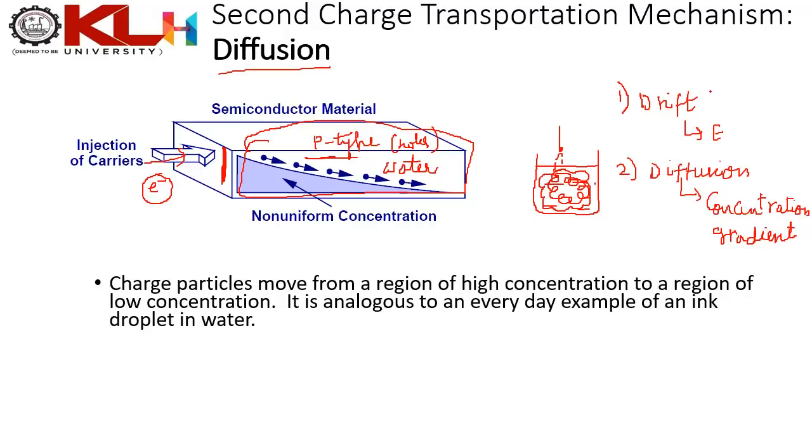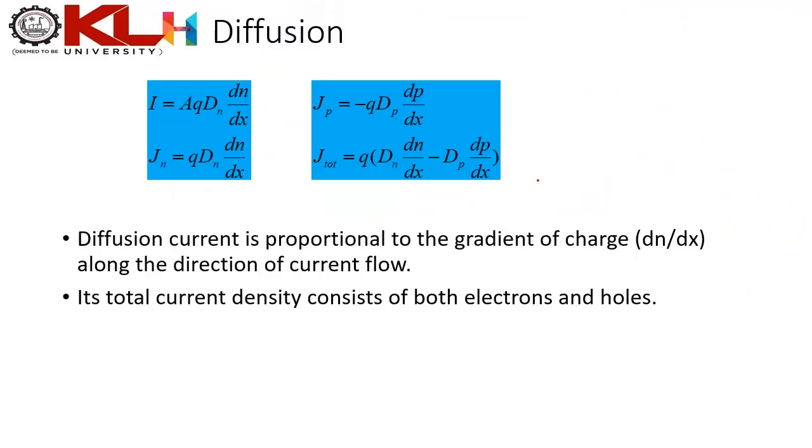So there are two phenomena with which charges are carried in semiconductors. The first one is drift, and drift happens in the presence of an electric field. The second one is diffusion, and diffusion happens when there is a concentration gradient. Okay, so let me move ahead.